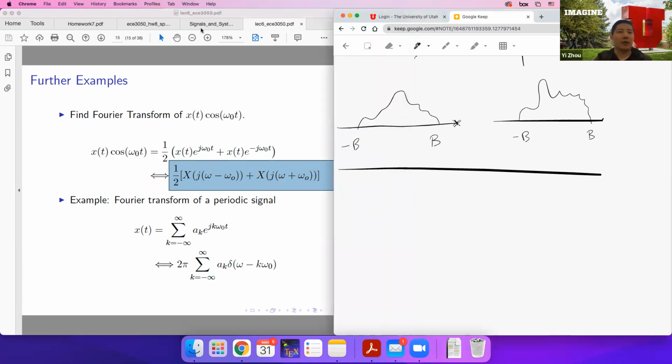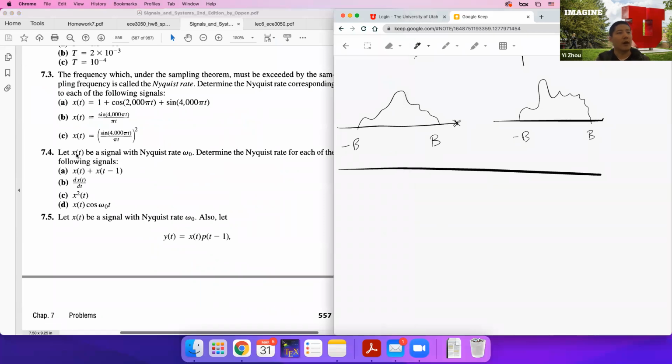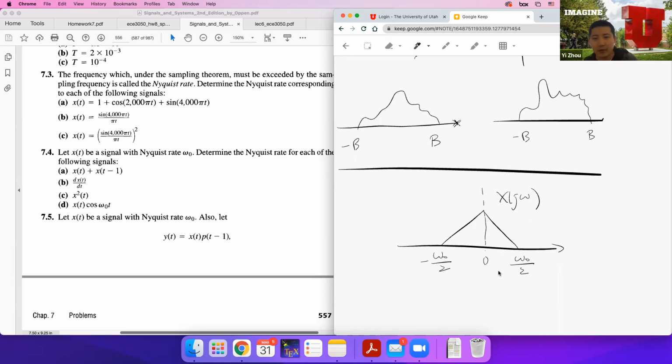Okay, so now we can discuss this. You have an x(t) with Nyquist rate omega naught, which means your original spectrum goes from negative omega naught over 2 to omega naught over 2. It looks like this. But this is the bandwidth, so the Nyquist rate is 2 times the bandwidth, which is omega naught.